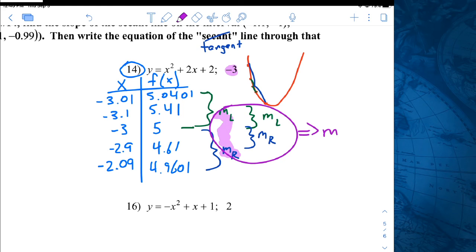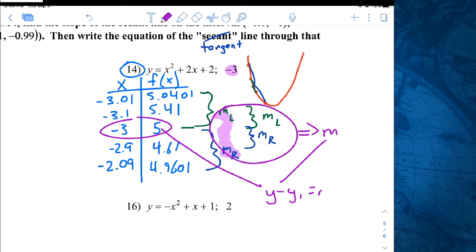Find the friendliest number between there. If you have to take an average, that's okay too. And then use that along with this point here to write an equation, because they want ultimately an equation for that line. So point, slope, use point-slope form. And that will be the end of it.